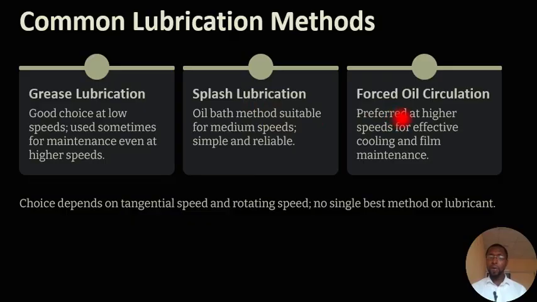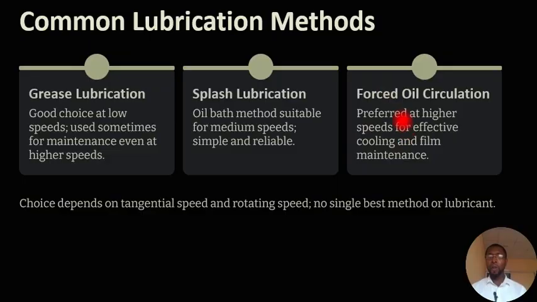Now the third method of lubrication is called the forced oil circulation. This method is used when you prefer higher speed. You want higher speed, unlike medium speed or low speed. You want the gears to be at higher speed.